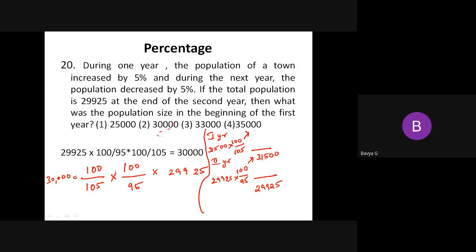Sir, why should we keep it as 100 by 105? Ma'am, it is a percentage problem. What is percentage? It is out of 100, correct? So we take 100 as the base for everything. Get it? Yes, sir. See, cost price also we have taken as 100 because it is a percentage problem.